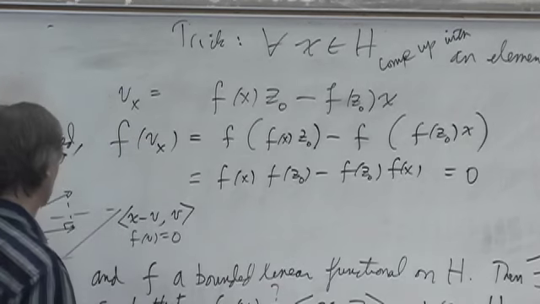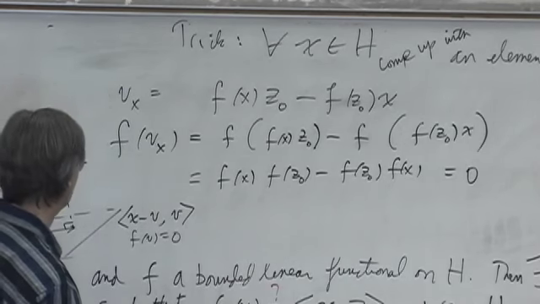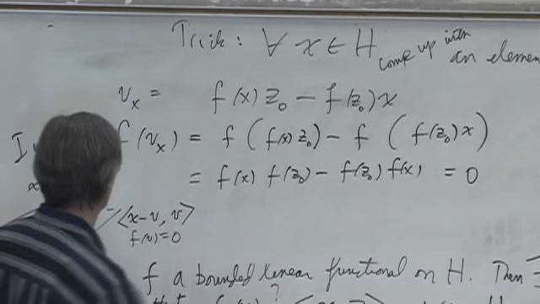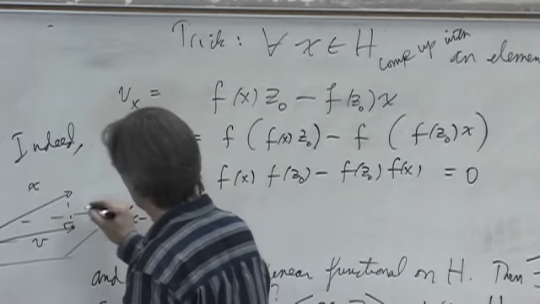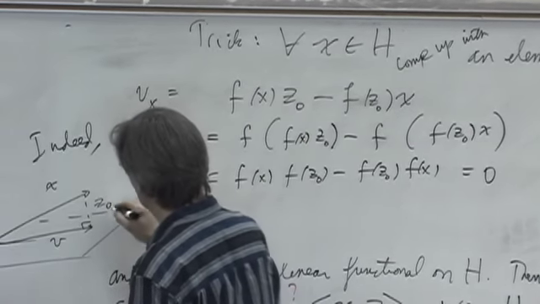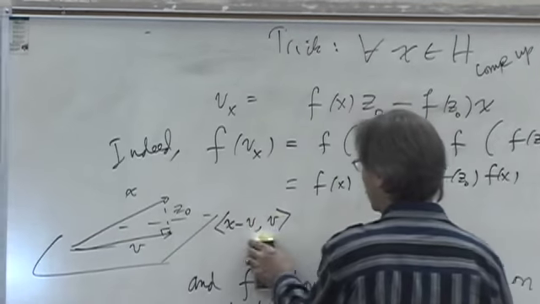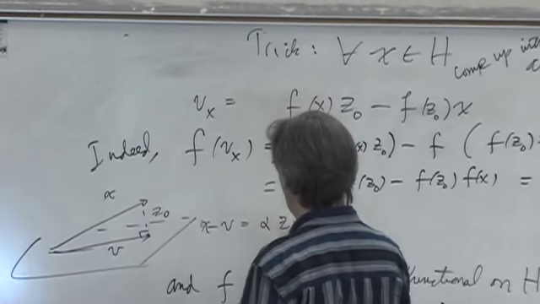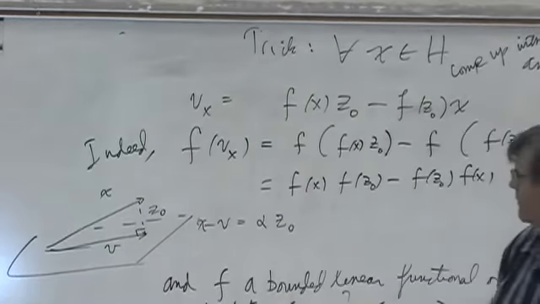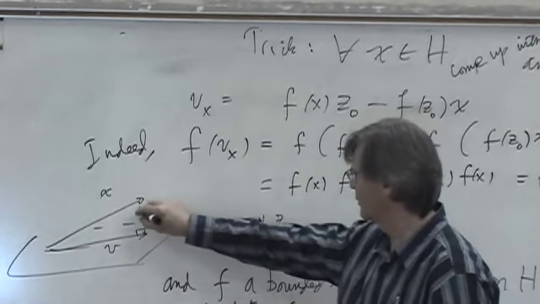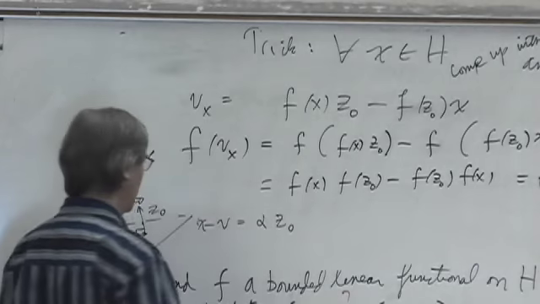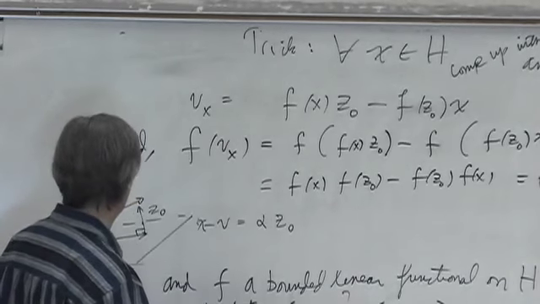Okay, so, and well, another thing is that x minus v should be parallel to z naught. So x minus v should equal some constant alpha times z naught, right? Because z naught was what I said was the normal vector here. Okay, normal vector. So I should have x minus v equal alpha z naught.